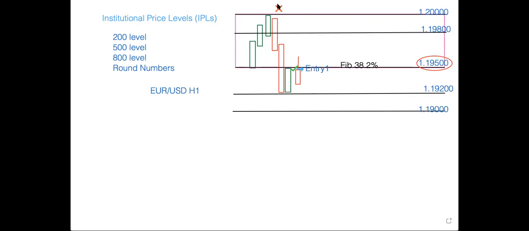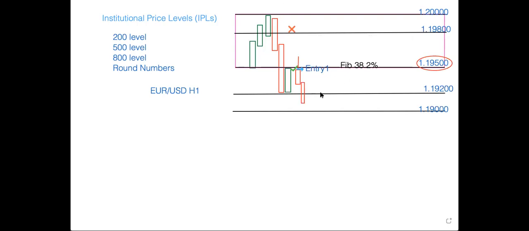And when you want to manage your trade, and when we see this kind of price action, which is breaking through the next IPL 19,200, once you see this low is breaking, then you can consider bringing the stop loss down, and I suggest to put it above this second IPL. So setting a stop loss here can be fine.